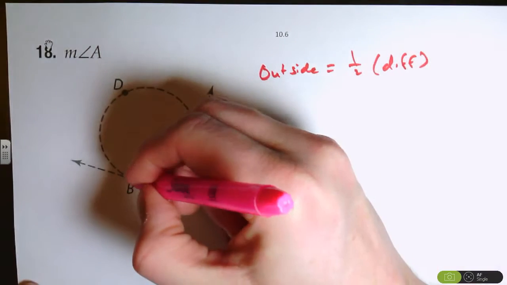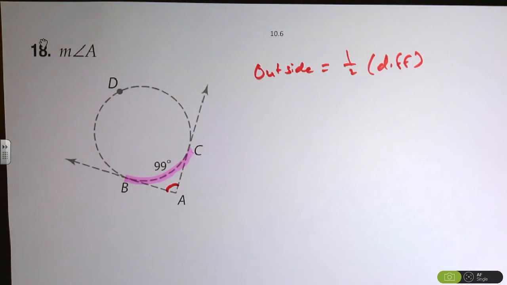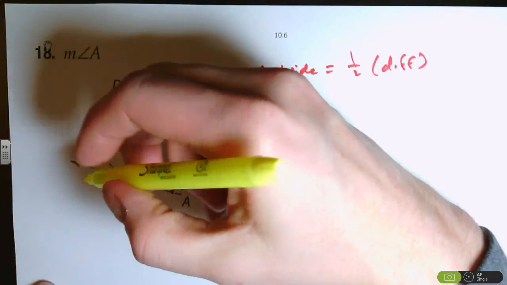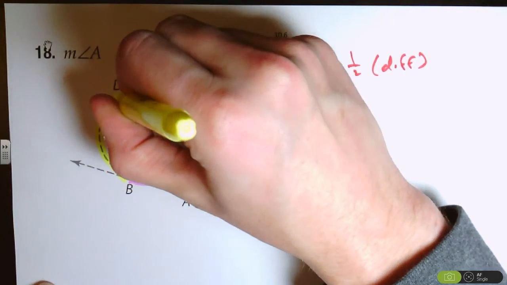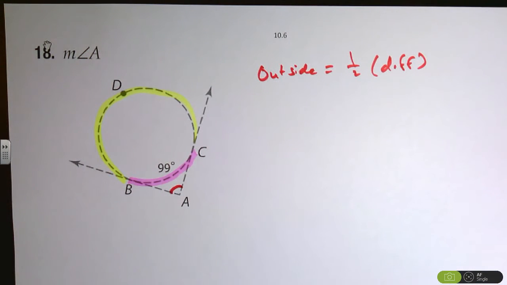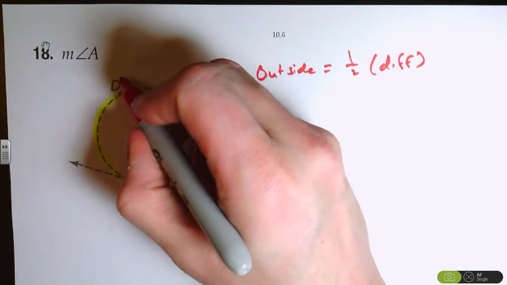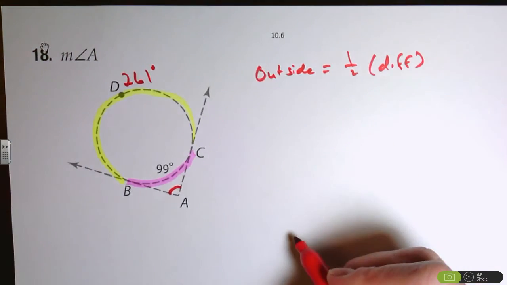This one is 99 degrees. The other one, and this is what you got to recognize for this drawing, is the rest of the circle. So this is the rest of 360, which is 261.